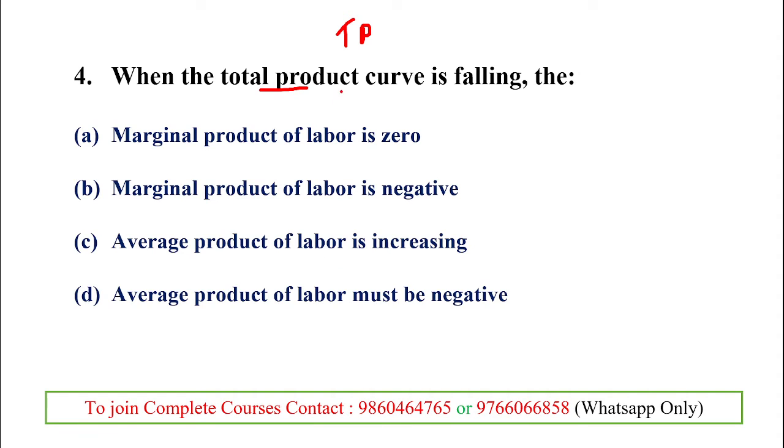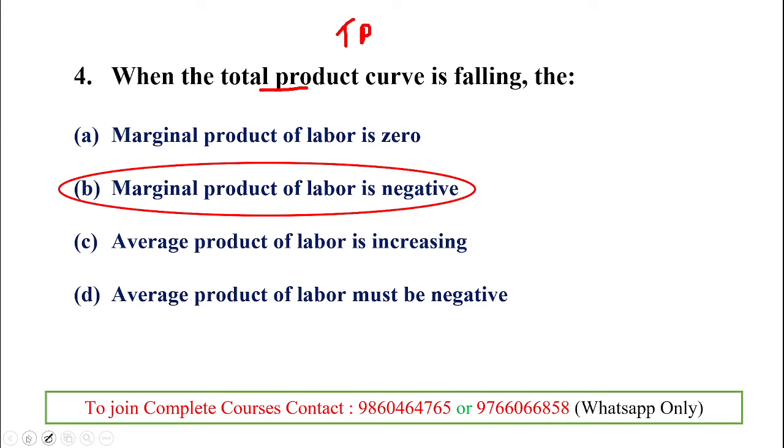Here, the total product curve falling means production is diminishing. At that period, additional labor is useless and makes no change to the output. So the marginal product of labor is negative.